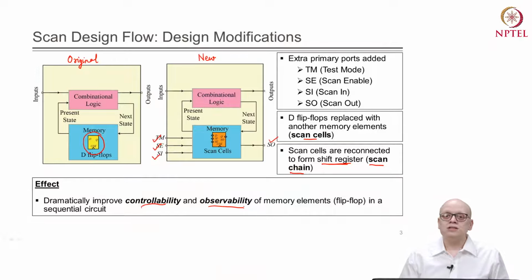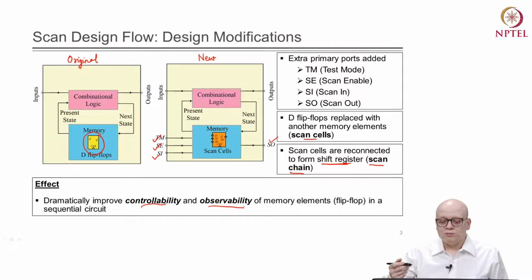This problem is much more complicated for sequential circuits, where the state elements are involved, and we need to traverse the states in the FSM to apply some test pattern or to observe the responses. So, for the sequential circuit, doing this kind of modification improves the controllability and observability drastically, and how does it improve? We will see in the subsequent slides.